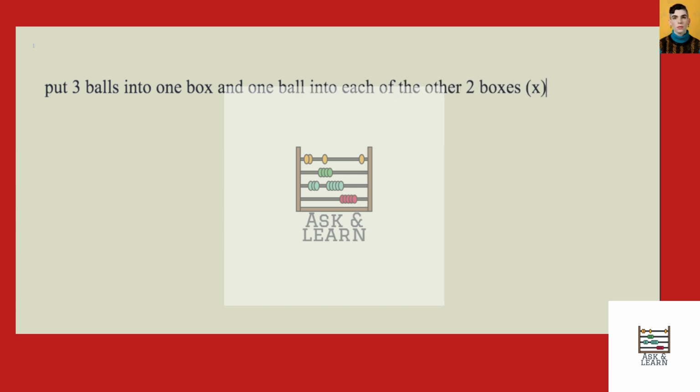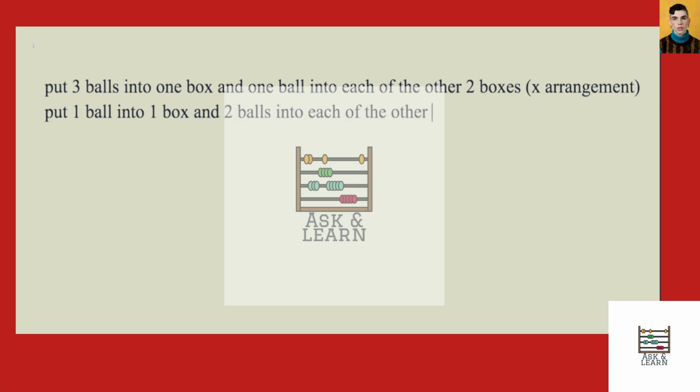We'll call this X arrangement. And we can have another arrangement. We could put 1 ball into one box and 2 balls into each of the other 2 boxes. We'll call this Y arrangement.